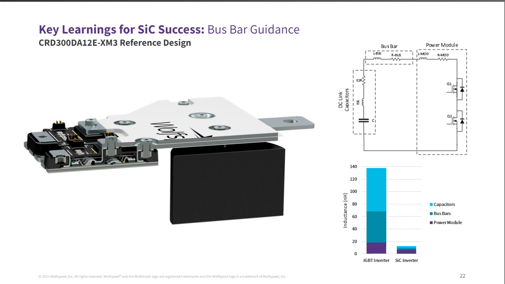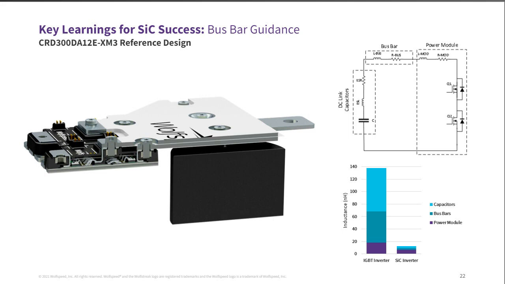So you can see from this cutaway view, the capacitors that we've found and we've implemented are very low inductance, and we use three in parallel, so that also helps. But the laminated DC bus structure is right on top of each other, so we have a lot of flux cancellation in the loop, and then the power terminals of the XM3 make it very easy to bus to, and the low inductance of the XM3 itself.